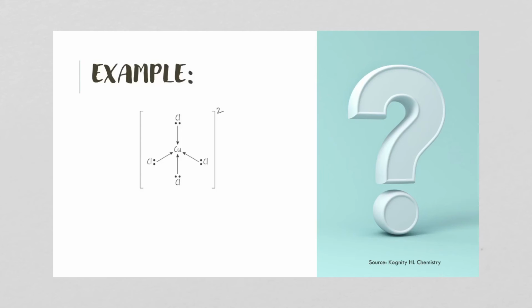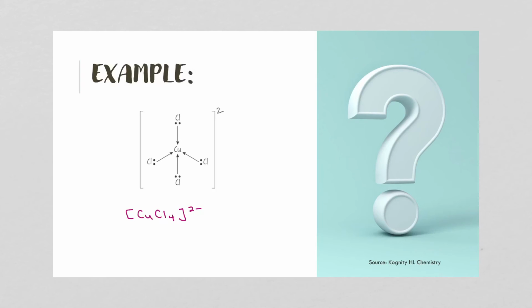Our next example is a copper ion with 4 chloride ions and a 2- charge overall. So this time we write Cu and then Cl, and there are 4 of them, with a 2- charge.